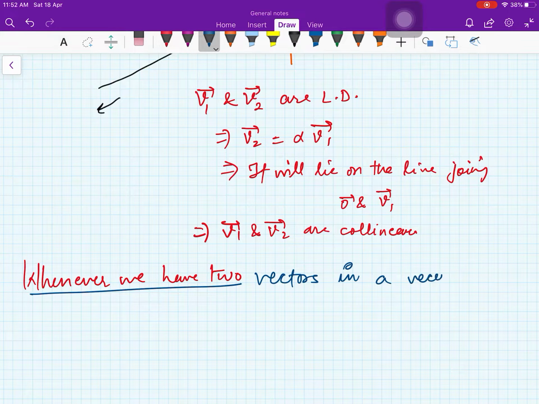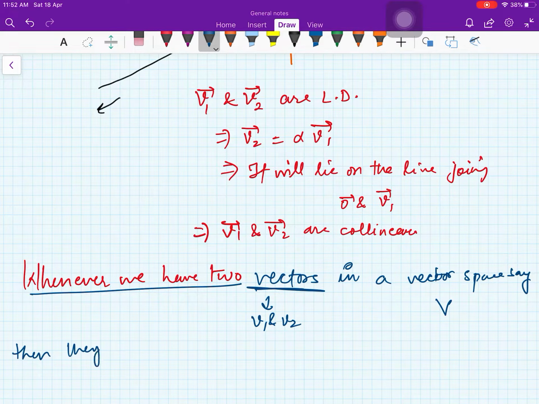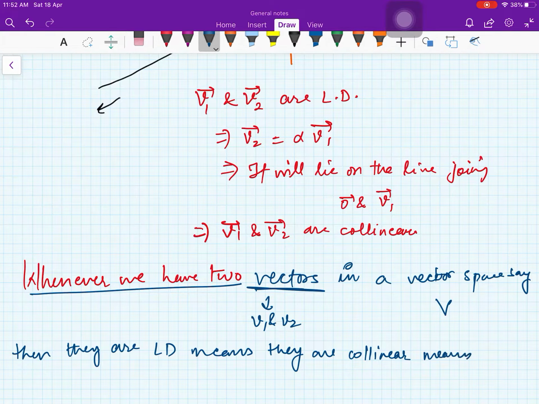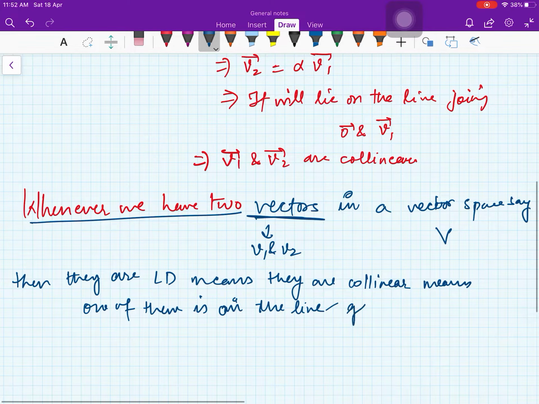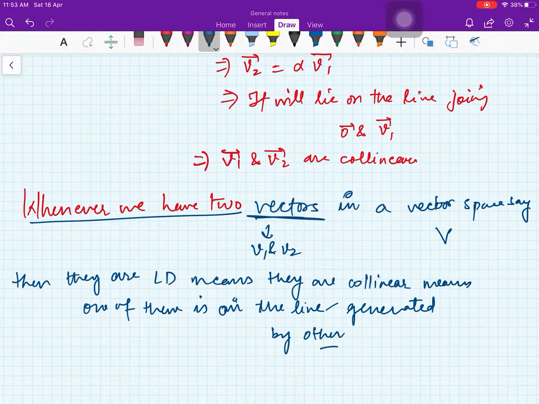Whenever we have two vectors in a vector space, say V, and your two vectors are v1 and v2, then they are linearly dependent, meaning they are collinear, meaning one of them is on the line generated by the other.